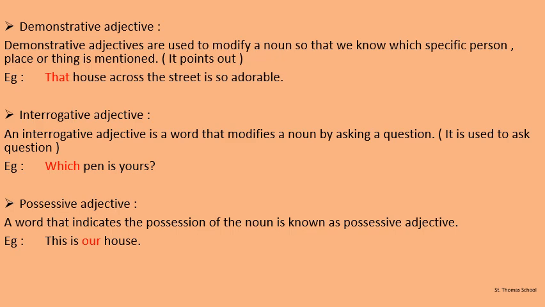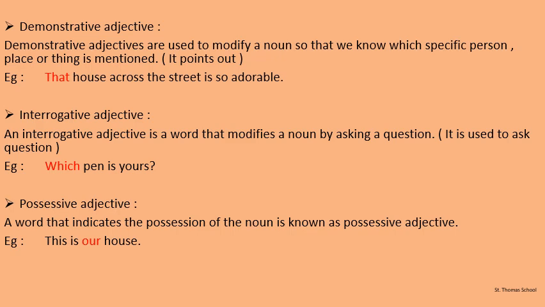So that is that. And mainly the difference between this and that: this is used to point out something which is near to me, and that is used to point out things which are a little bit far away from me. So this you can keep in mind.